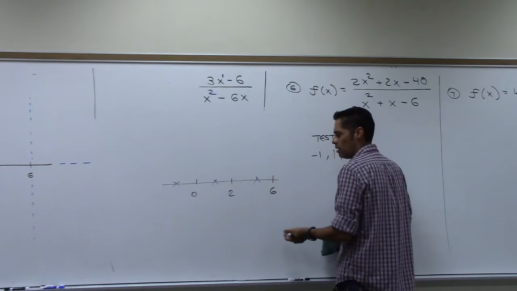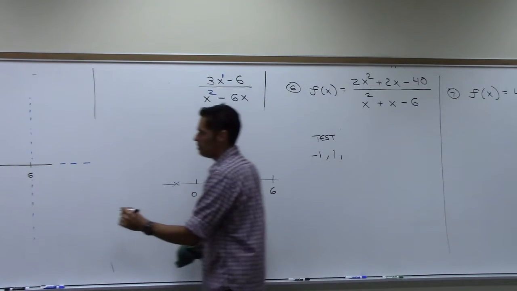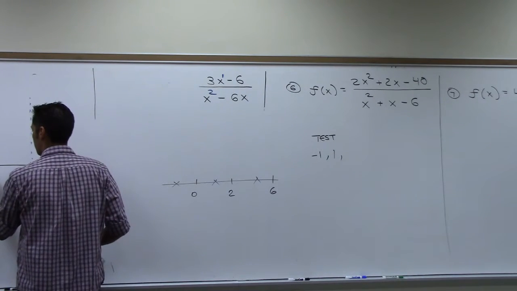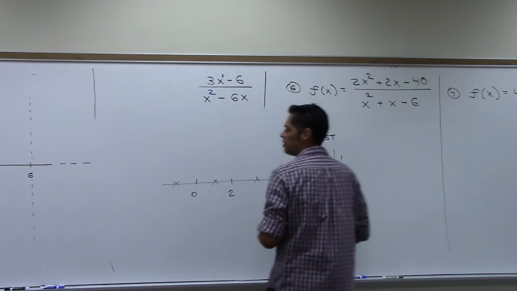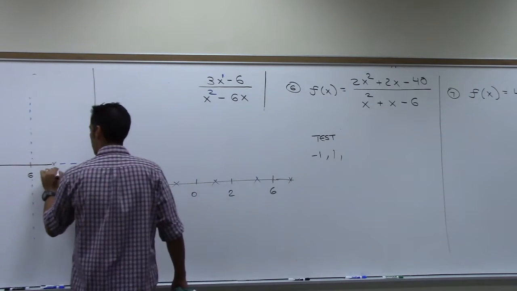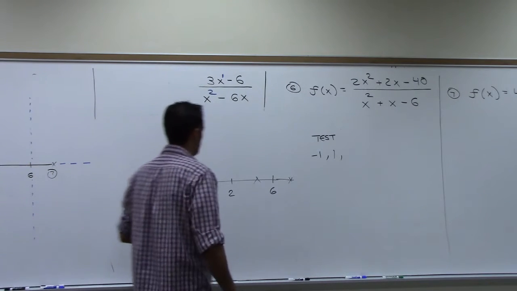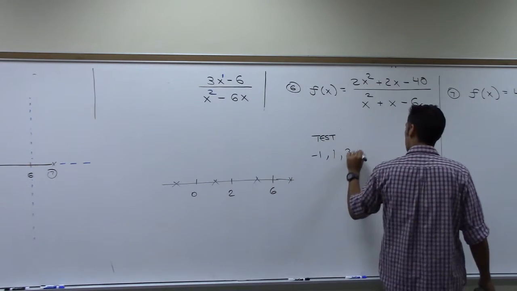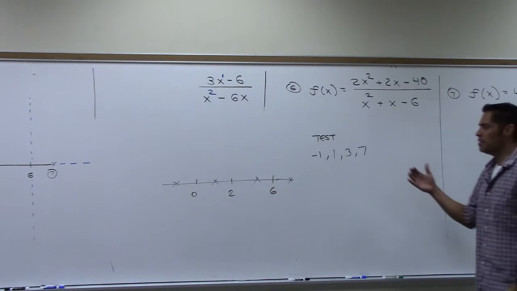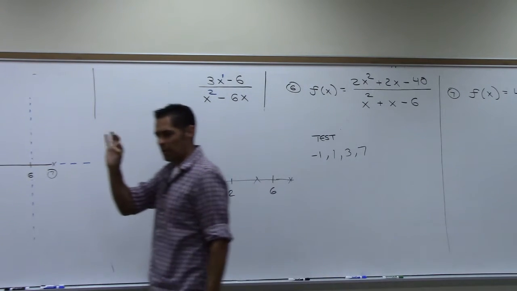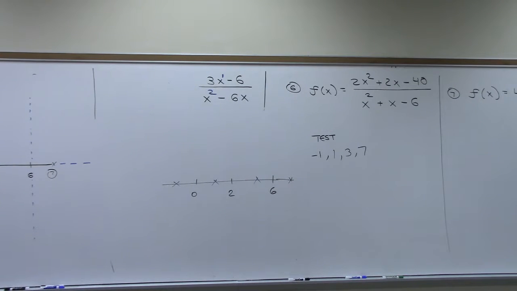Any of those would work. I think I heard 3 first. And finally, something out here, 7. And all we're really trying to determine from these points is whether or not we're going to draw a dot above or below the x-axis. That's all that matters.